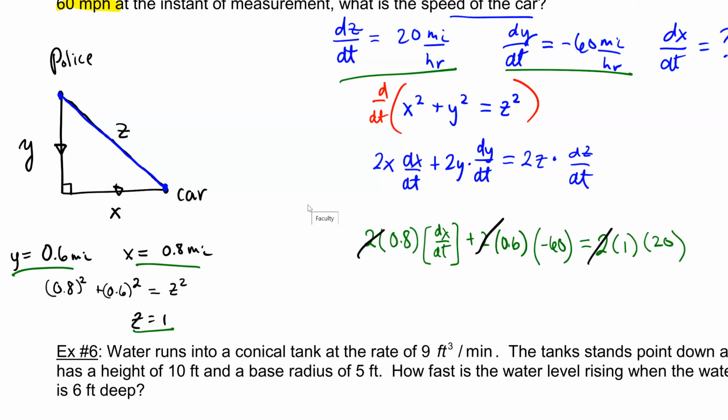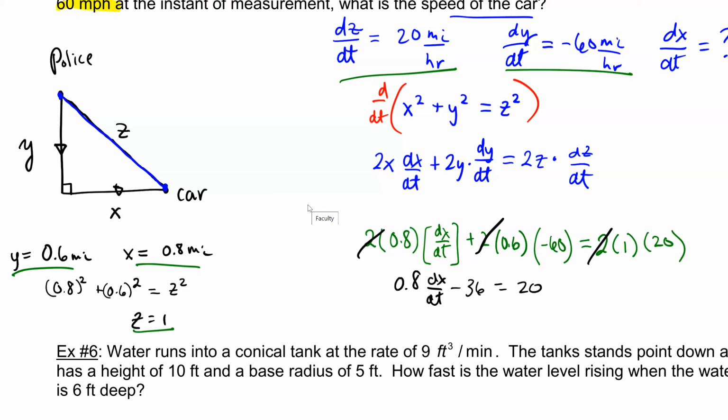Okay, so let's see. 10 times 6 is 60, so this is negative 36. 0.8 dx/dt is equal to, well, hold on, minus 36 is equal to 20.